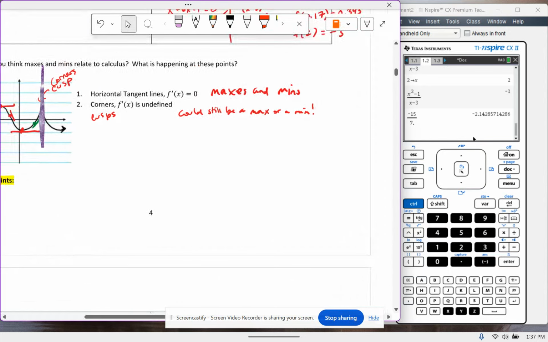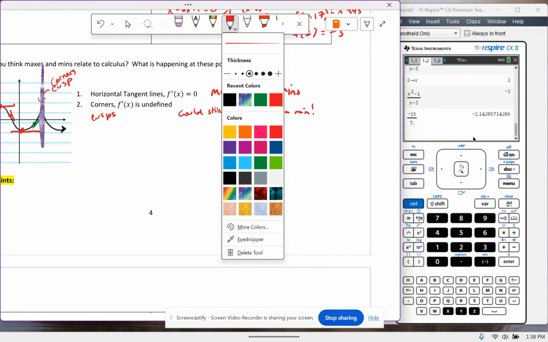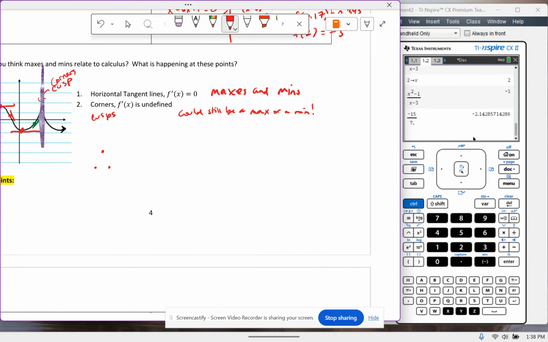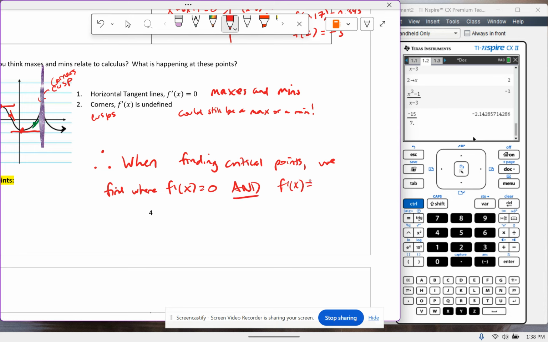But what we would get to here is basically putting it all together when finding critical points. We find where the derivative is equal to 0 and where it's undefined, because a corner or a cusp could be a max or a min.